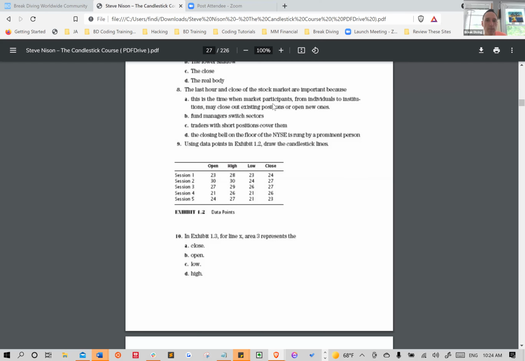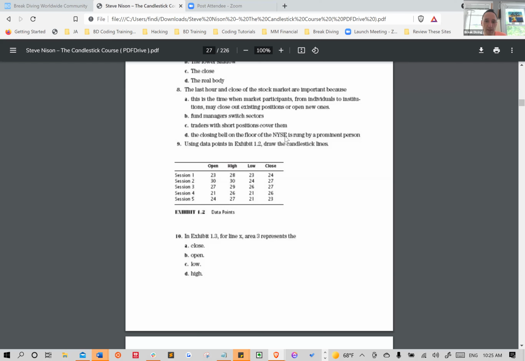The last hour and close of the stock market are important because this is the time mark when market participants may close out existing positions or open new ones. No, because anybody can do that at any time. Fund managers switch sectors, probably not always. Traders with short positions cover them. That could be right.